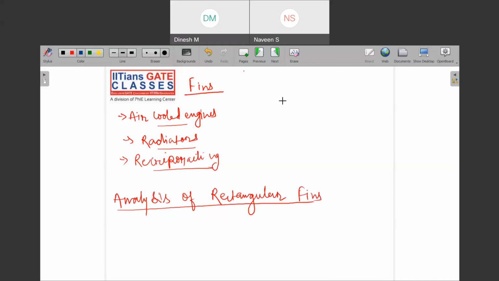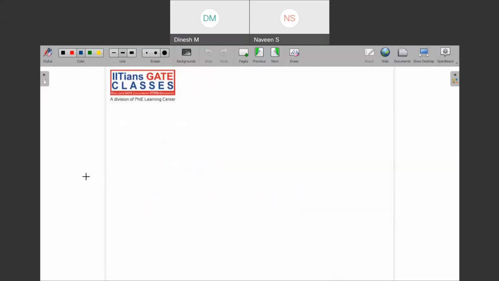So what I would do is that, let me draw a fin first. Like derivation part, I would not take into that much, but I will at least make you understand that how things come into picture. Okay. So let us say this is the given wall, and from this wall I have a fin which is coming to the outside.